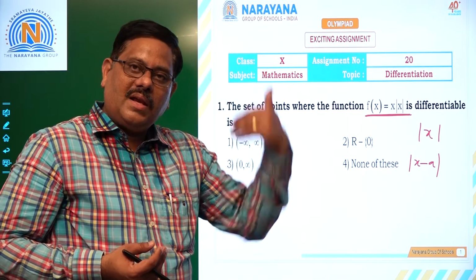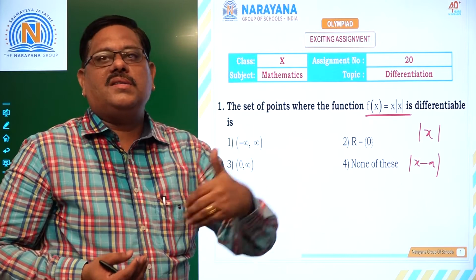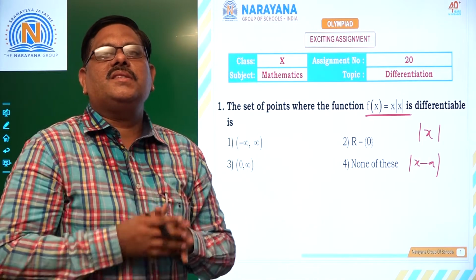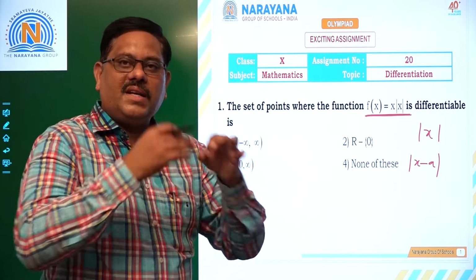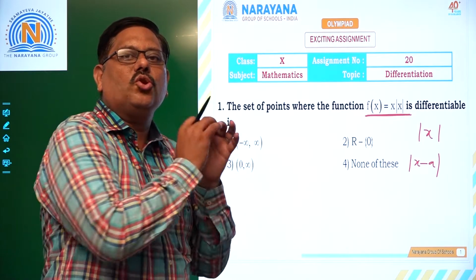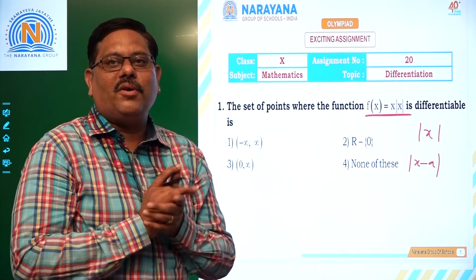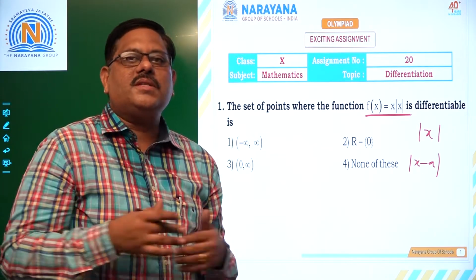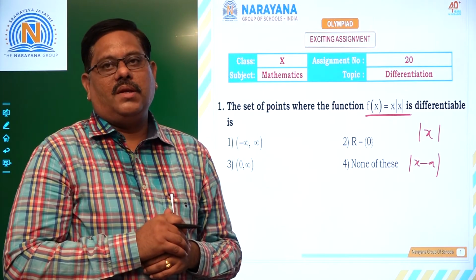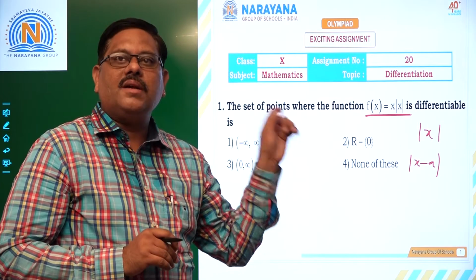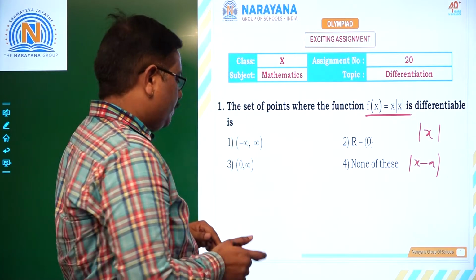That means we find LHD at 0 and RHD at 0. If both exist finitely and are equal, then we say that it is differentiable at 0. If it is differentiable at 0, it is differentiable throughout, because only 0 is the critical point for this question. At the rest of the points it is automatically differentiable. So we have to observe LHD and RHD of this function at 0.